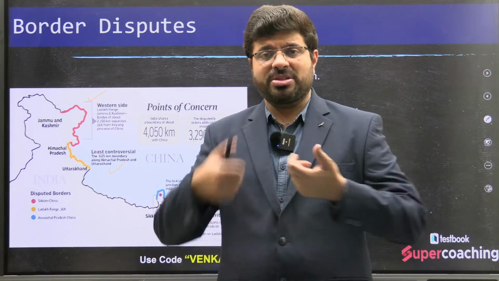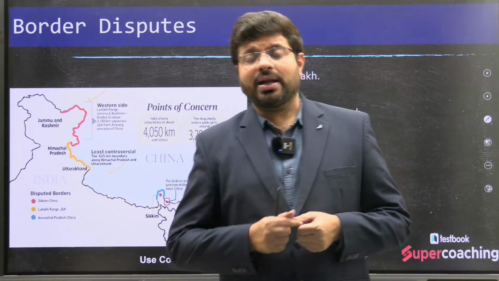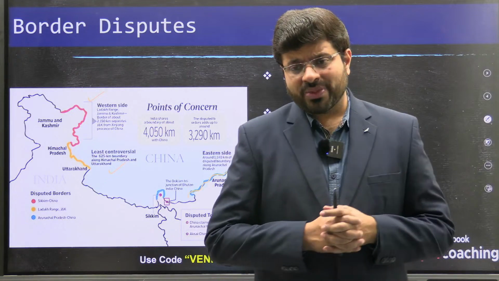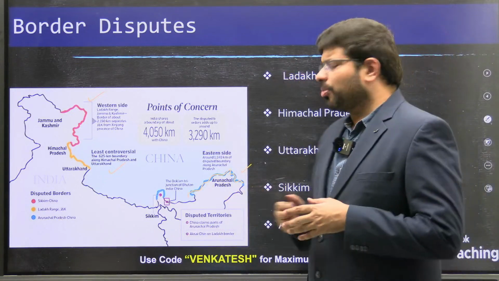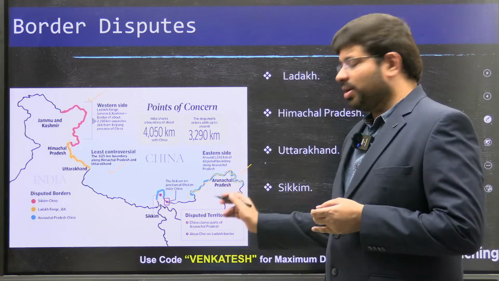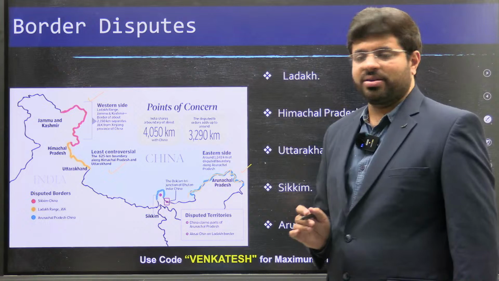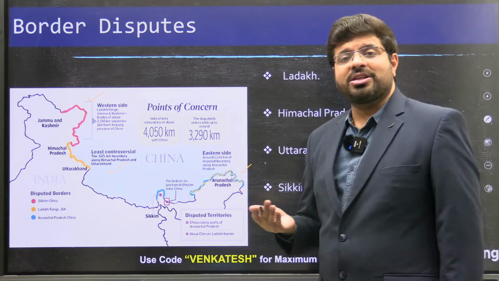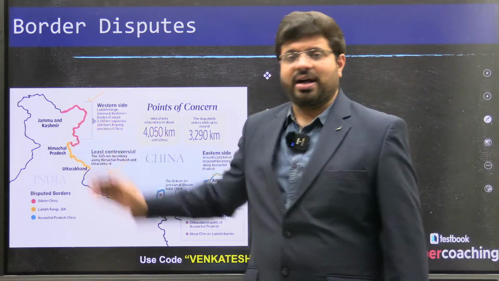So the visas will be stapled. That indicates, talking about the dispute, the reason was very simple. One conflict is that they wanted to use Arunachal Pradesh as a bargaining chip for Aksai Chin.